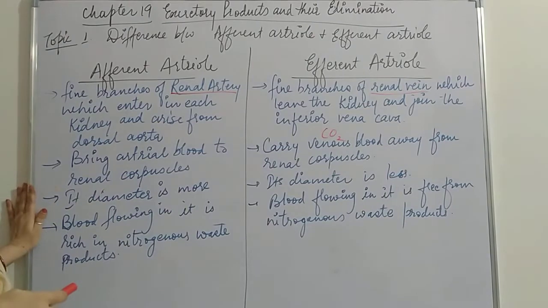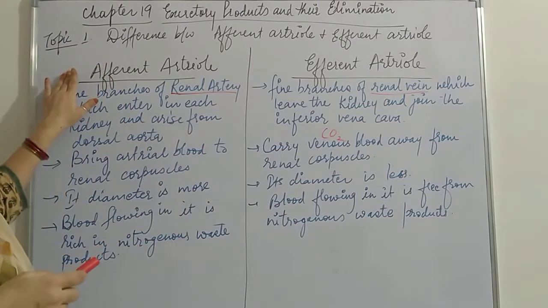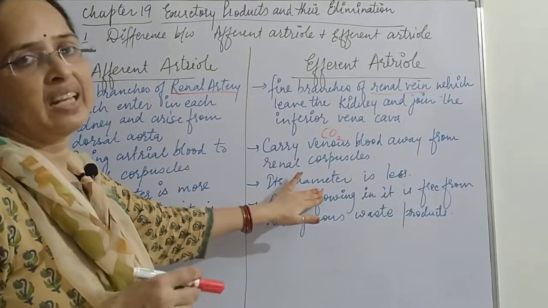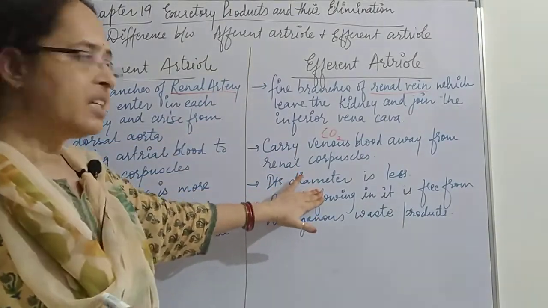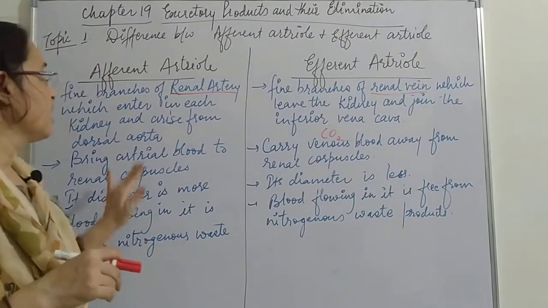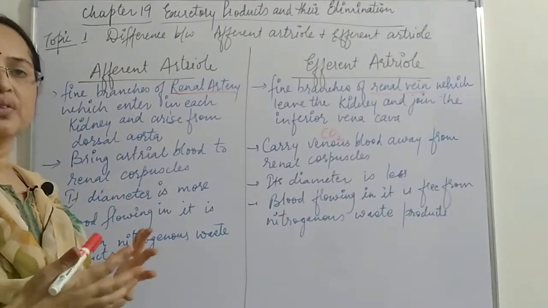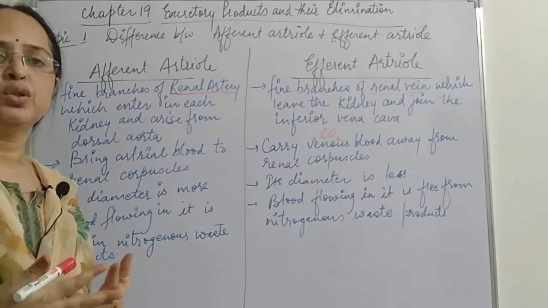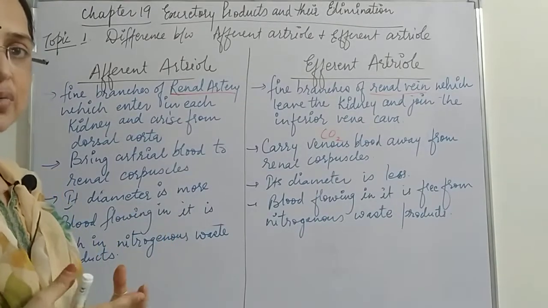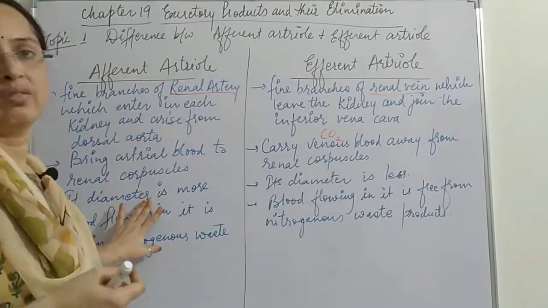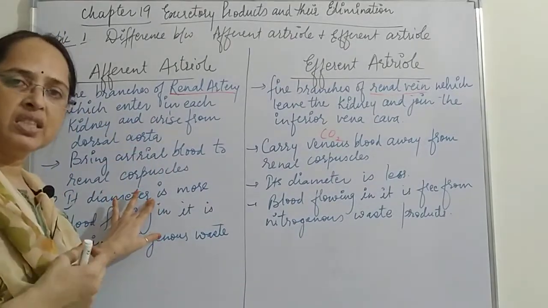Third is that the diameter of the afferent arteriole is more, whereas the efferent arteriole has less diameter. The reason is that in the afferent arteriole, blood has more volume because of the presence of nitrogenous waste products, so the diameter is more.